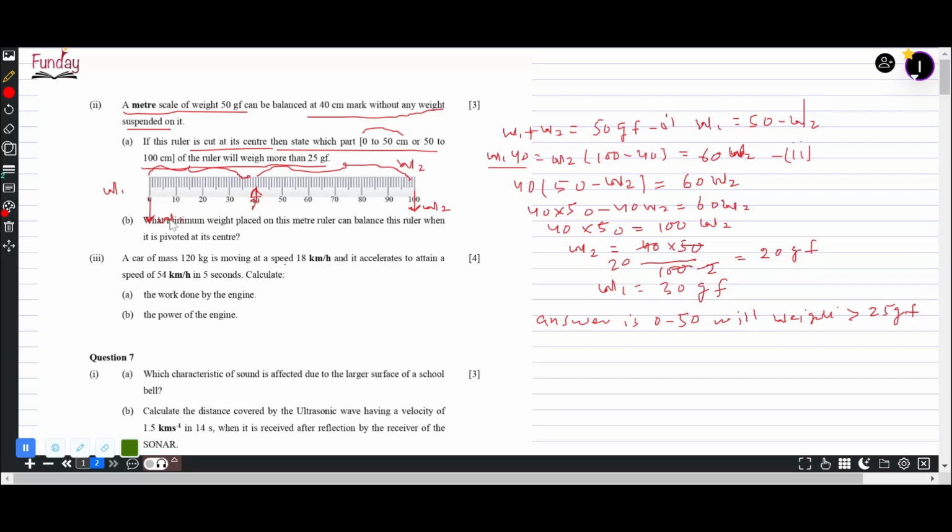What is question B? What minimum weight placed on this meter ruler can balance this ruler if it is pivoted at center? Right? So let's say M weight on this side will actually balance the scale, right?